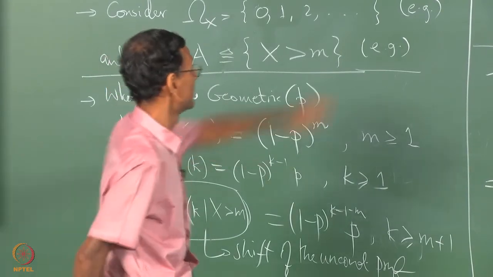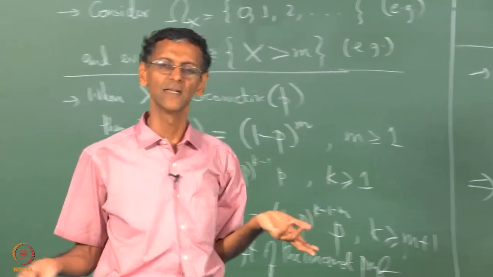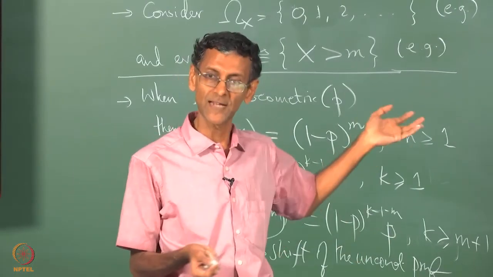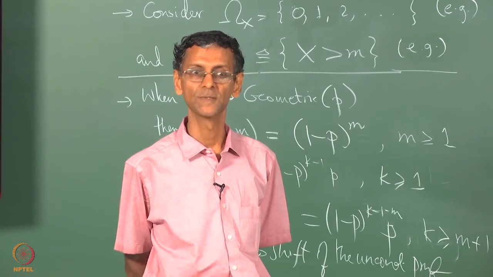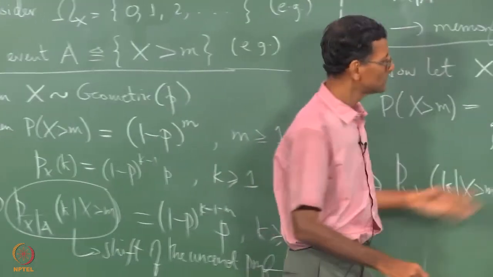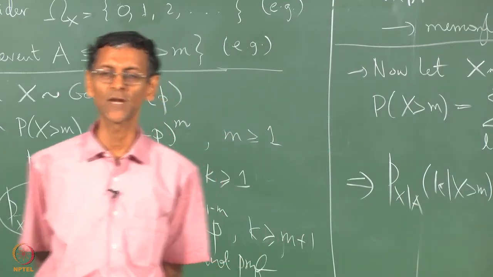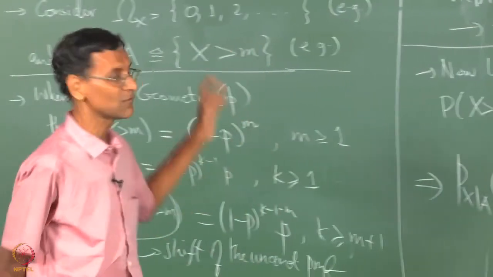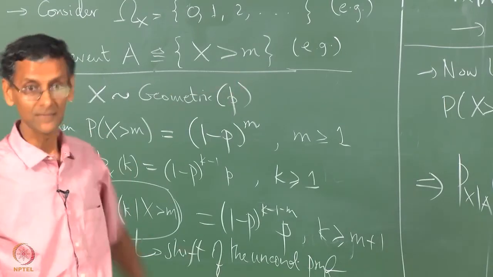So, do not think that just because it happened, and in fact it turns out only the geometric PMF has that property among the discrete distributions, the Poisson does not have that property. If you cut off the head of the Poisson distribution, you cannot recover the rest of it, but if you cut off the head of the geometric distribution, you can recover the rest of it, that is what that is saying.